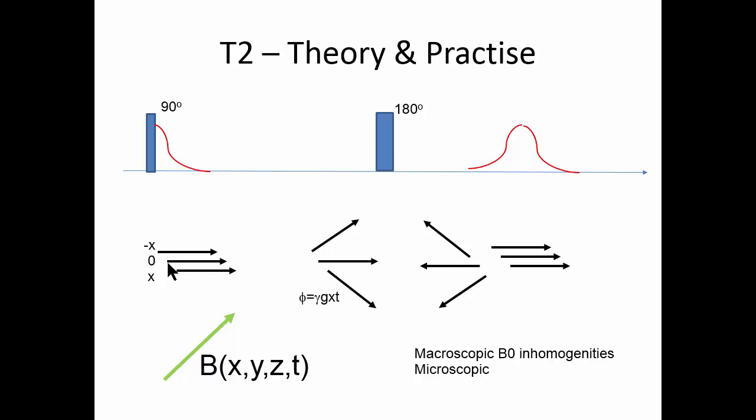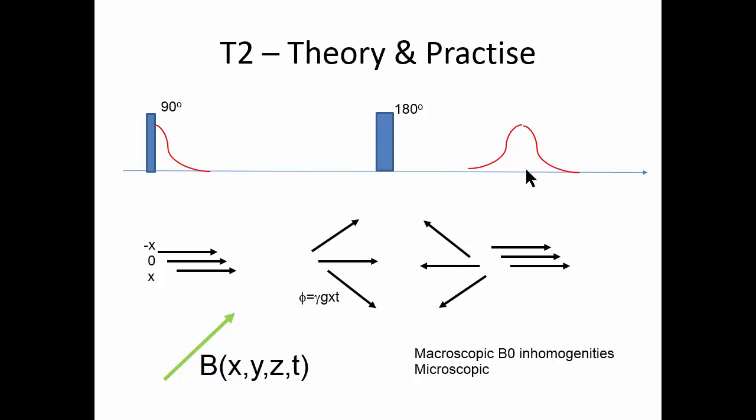If you have spins in different locations, they are in a slightly different magnetic field, so this actually varies with x, y, and z. The T2 component is always there, but the T2 star component is related to these inhomogeneities. Therefore, they are dephasing, and we need to do a 180 to reverse their orientation, and they will meet again.